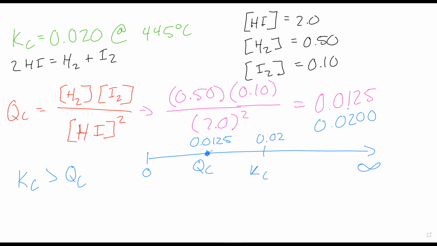So what does this mean? Well, remember, your reaction always wants to go towards equilibrium. If my reaction is going towards equilibrium, that means this Qc will try to reach the Kc value. It will move to the right. In the case of our formula, it will favor our products, because at 0 there are only reactants, and at infinity there's only products.